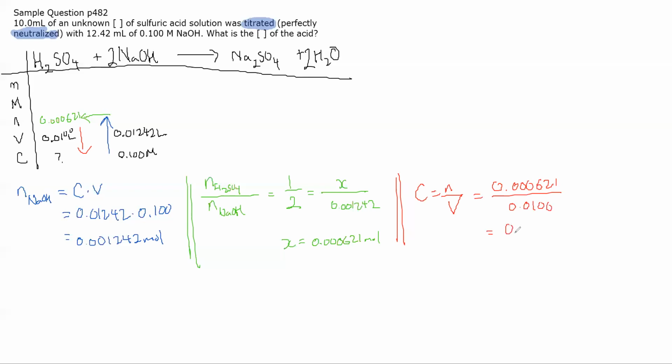And that means 0.121 moles. Sig figs, 3, 3, 4, 3. Okay, that means the concentration of the acid is 0.0621 moles per liter. Done.